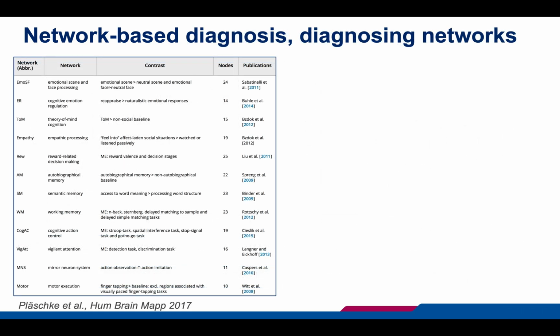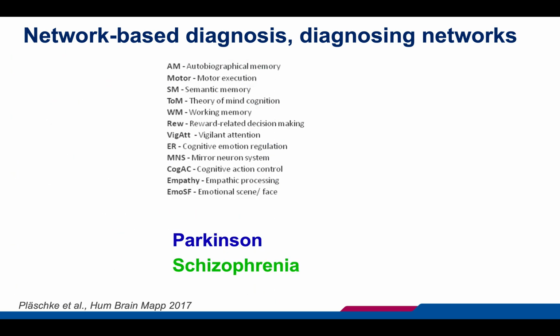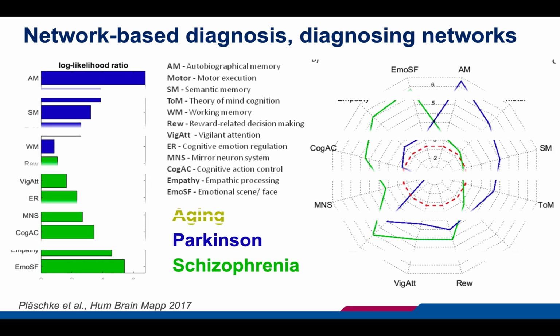Here's another example from the clinical perspective, where we looked at a whole range of different networks, asking a very straightforward question. How good is each of the networks in differentiating Parkinson's from matched controls? And how good is the same network in differentiating schizophrenia patients from healthy controls?